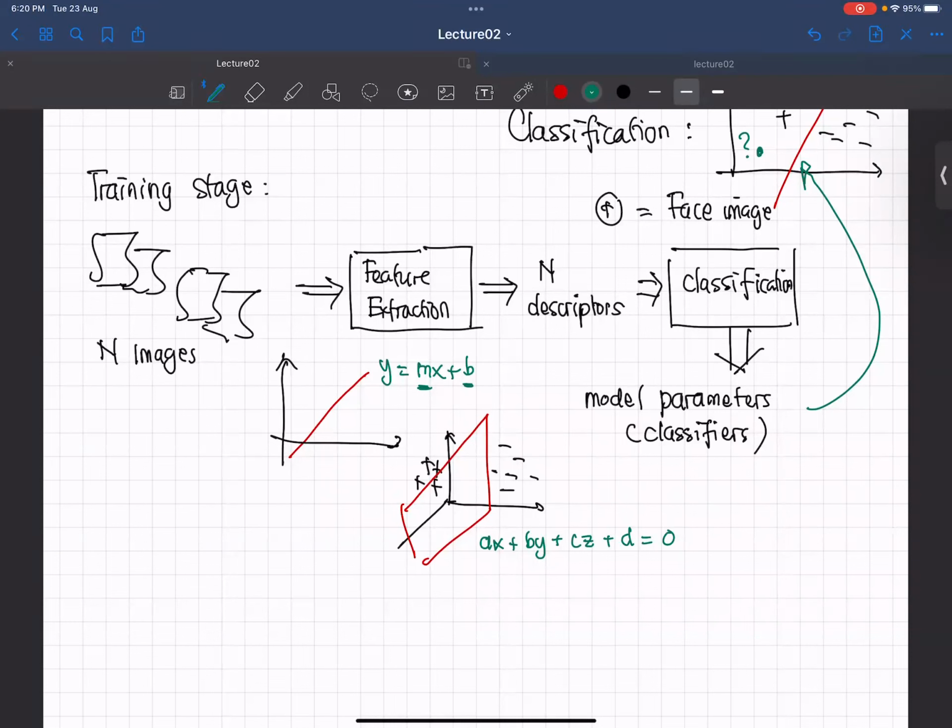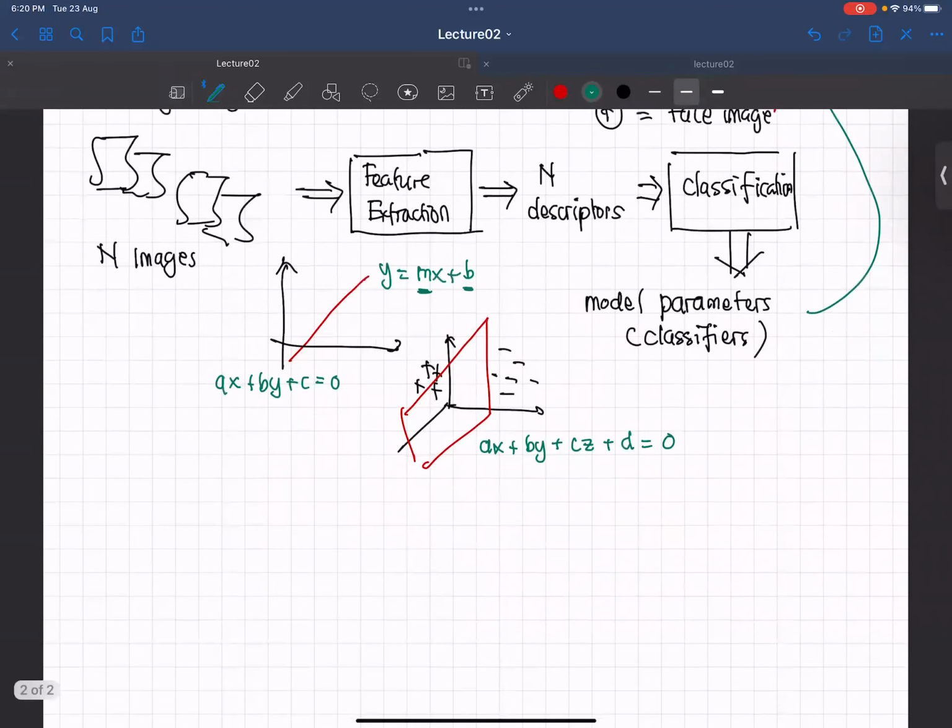In the same way, the implicit equation for the line is ax plus by plus c equals 0. So the higher the dimensionality you have, the more parameters you will get to separate the two classes. And again, here a, b, c, d are model parameters. That's something that we want to find, right?